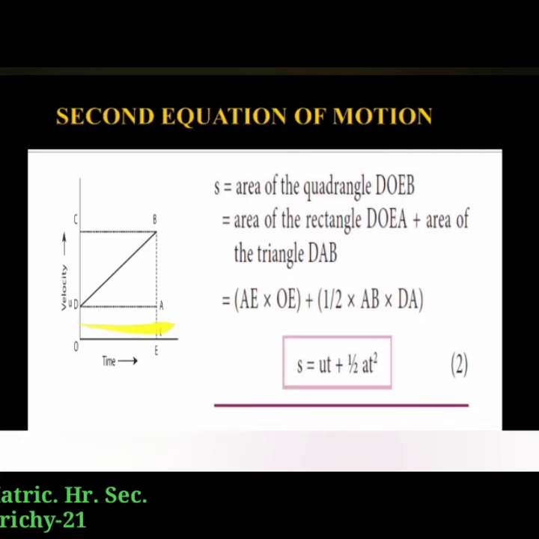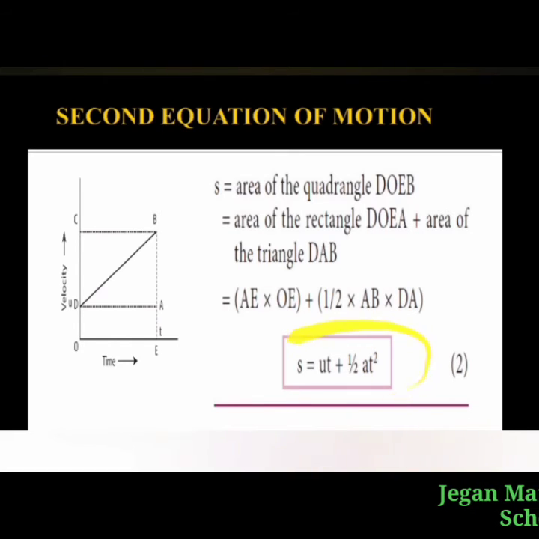OE is equal to DA, so OE is t, so DA also t. So at into t, so at square. So s is equal to ut plus half at square. So this is the second equation of motion.